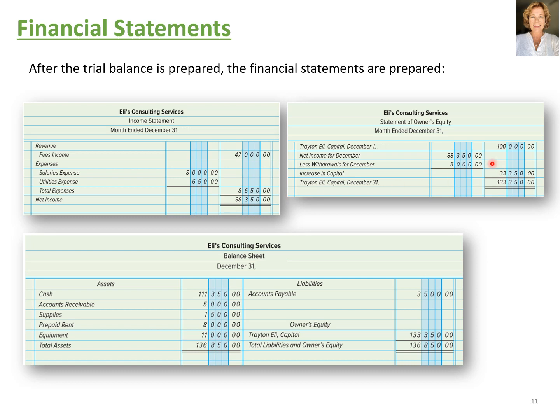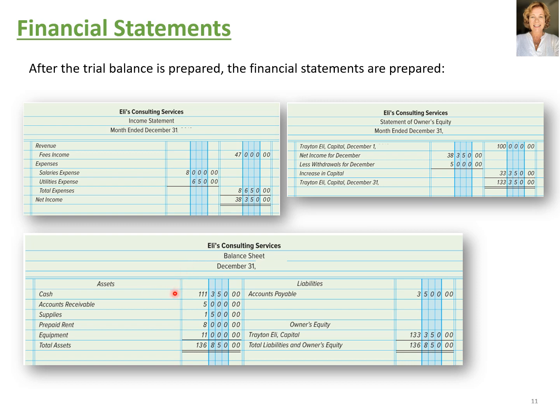We subtract what Trayton Eli already took out, basically either a payback of his initial investment or essentially taking some of the profits that the business generated. We combine net income less the withdrawals and then add that amount to the beginning balance, coming up with an ending capital balance of $133,350. We're now ready to prepare the balance sheet.